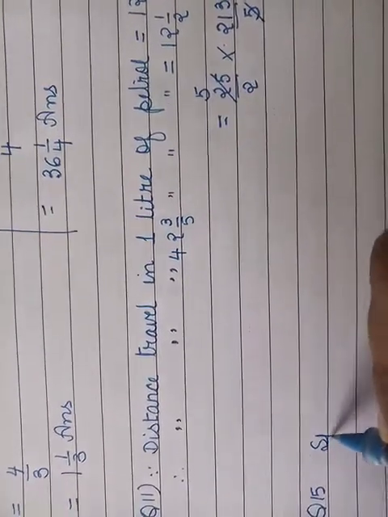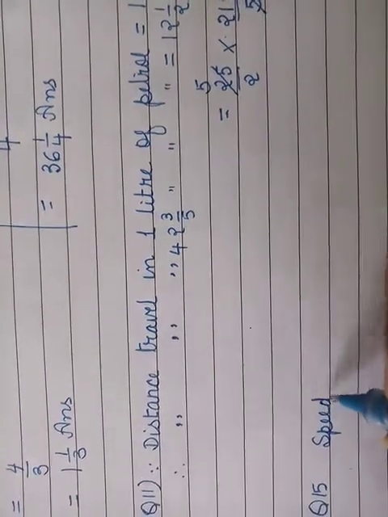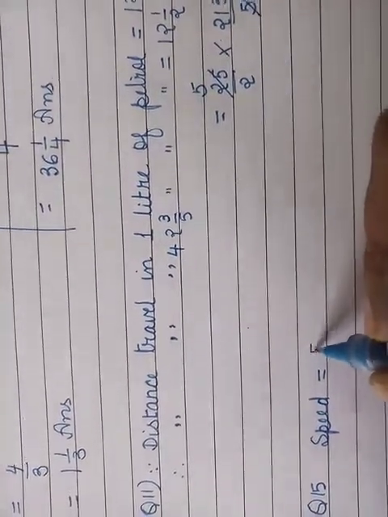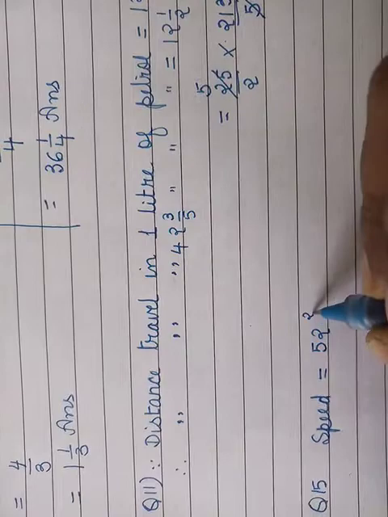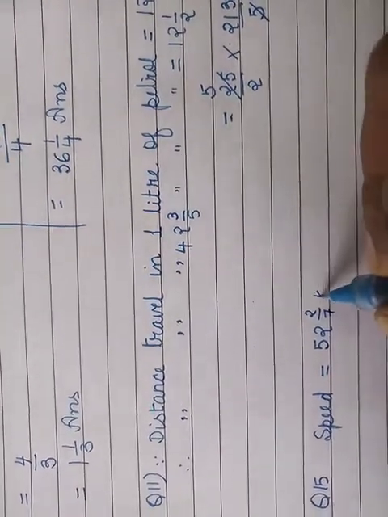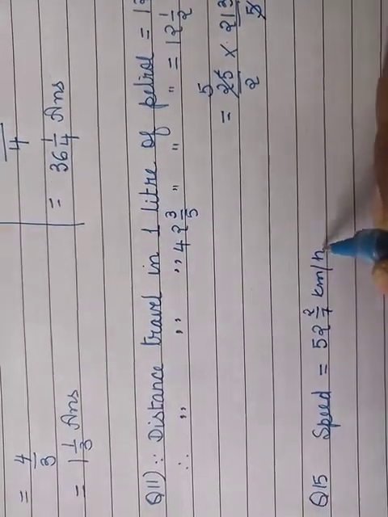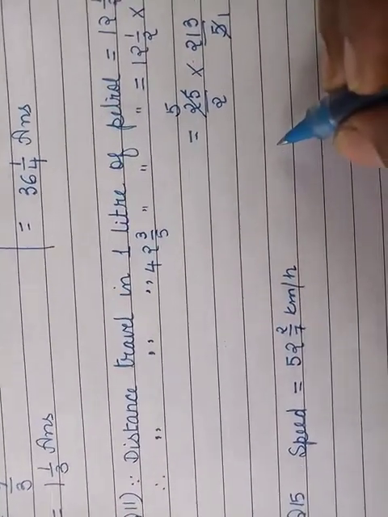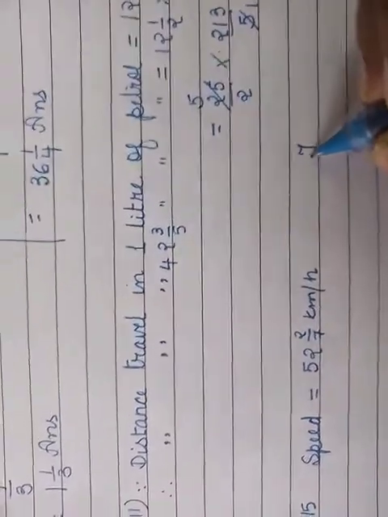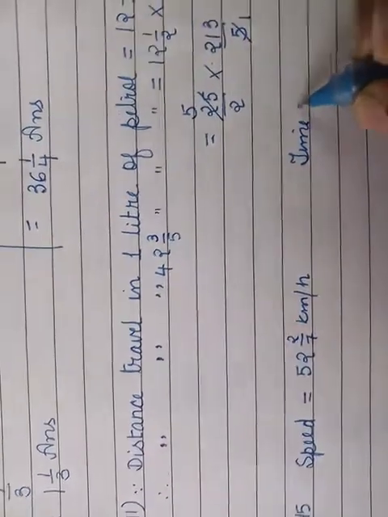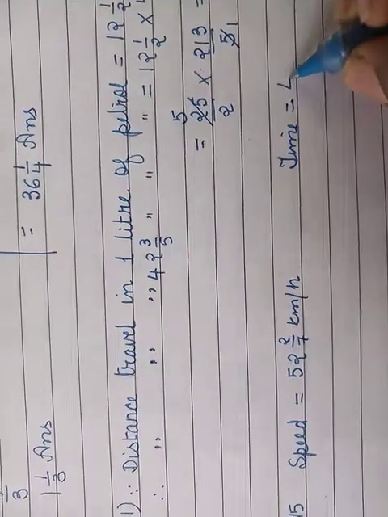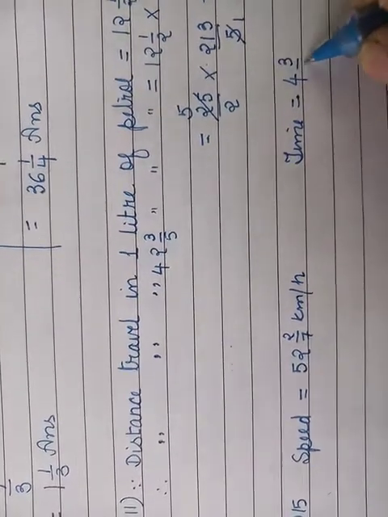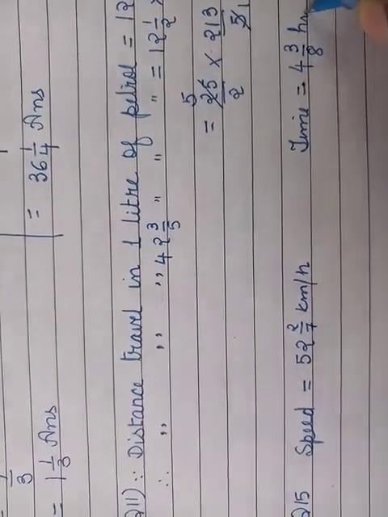Speed is equal to 52 whole 2 by 7 km per hour, and time given is equal to 4 whole 3 by 8 hours.